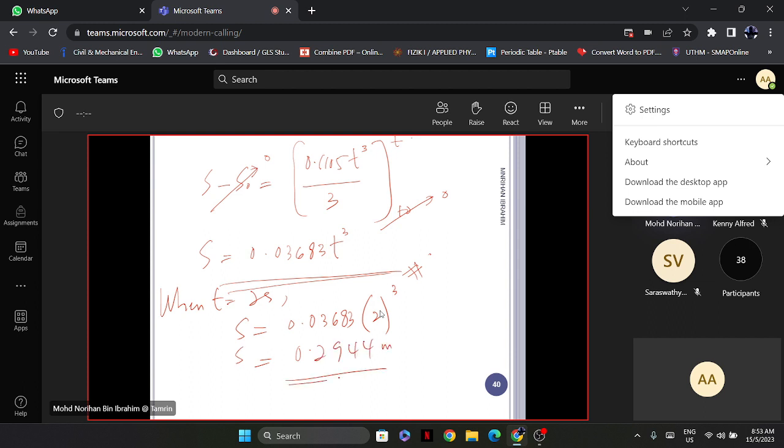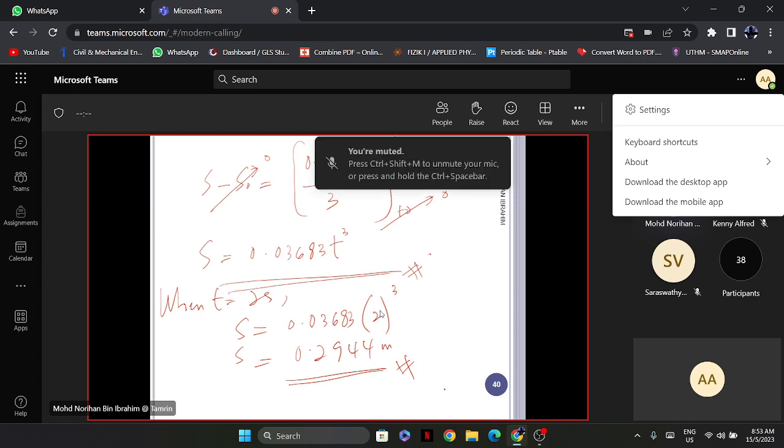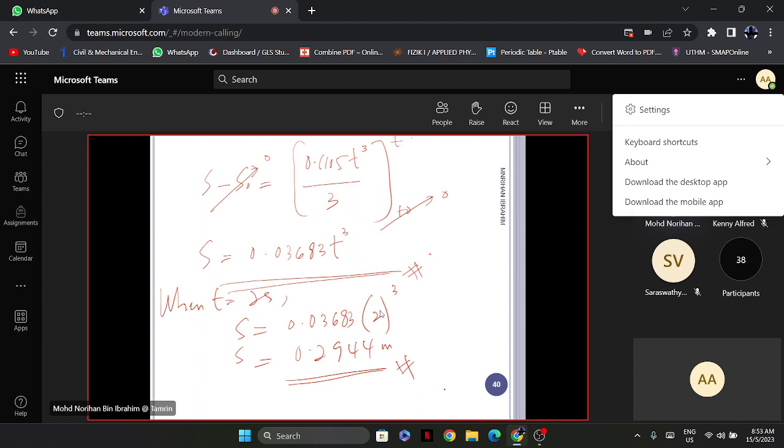Try to calculate this one on your own. Correct or not? So that is an additional question that I gave to you. Let's say they ask you to find the distance s when t is equal to 2 seconds. If they ask you to find the distance s when t is equal to 10 seconds, for example, you can also use the same steps to get the answer.